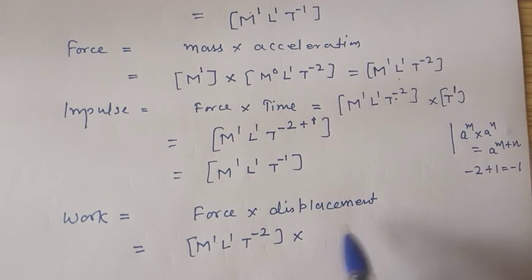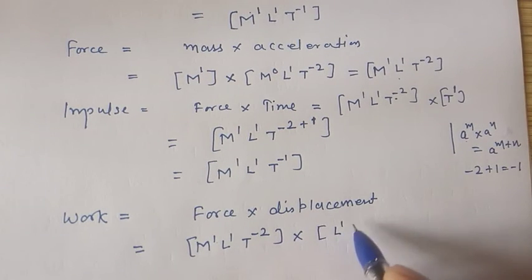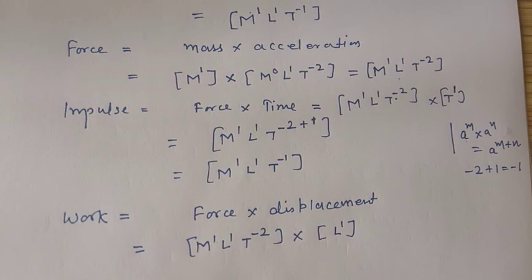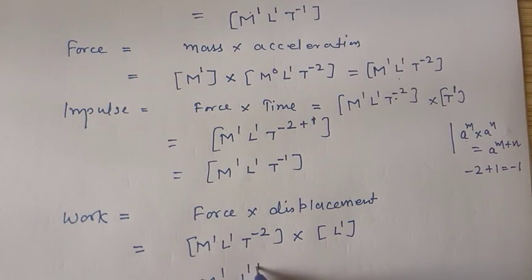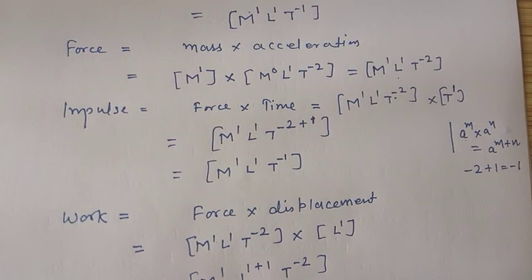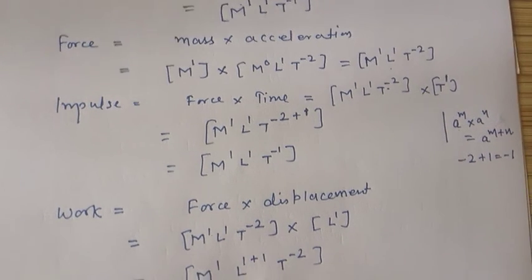Displacement or distance has the dimensions of length, so L power 1. So M power 1, L power 1 into L power 1, the powers will be added up, T power minus 2. So you get M power 1, L power 2, T power minus 2.